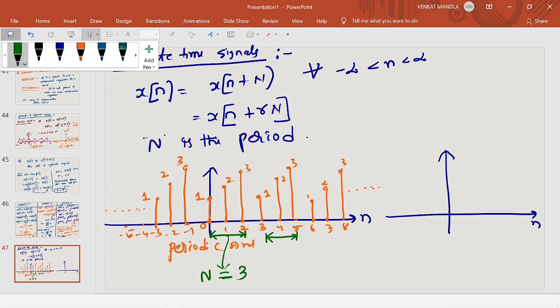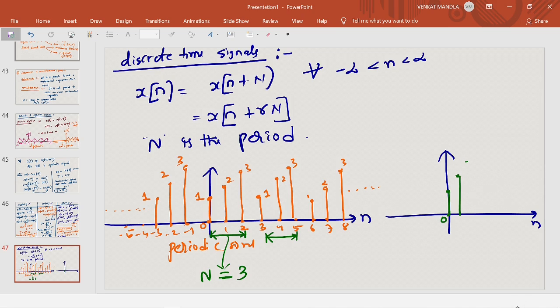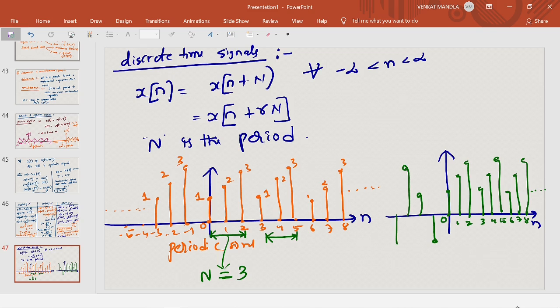And for the aperiodic signal, I will give one example. 0, let us say 1, 2, 3. 1, 2, 3. 1, 2, 3. The positive side is repeating, but the negative side is not repeating, like this.